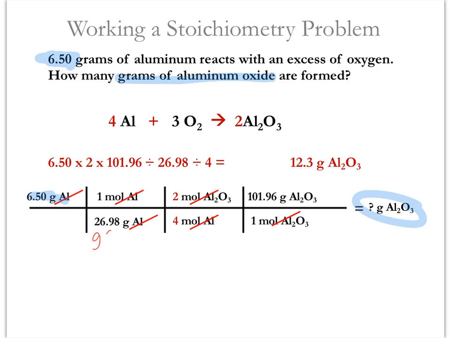So that's using the gram formula mass, the atomic mass of the aluminum. Our next step is to get rid of the aluminum by setting up the coefficient ratio and get to the substance that we want. And then, since this question is asking us for grams of aluminum oxide, you would use the gram formula mass, in which the units are grams per mole, and then just calculate.